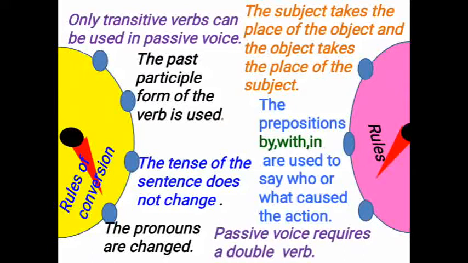Then the passive voice requires a double verb. That means along with the V3 form of the verb, we also need to add another verb which is the linking verb, which we also call a to be verb, and it changes its form according to the tense and gets added to the V3 form in the passive voice.